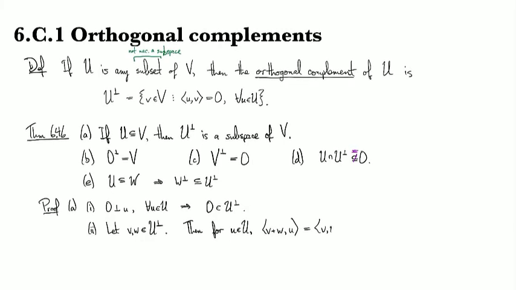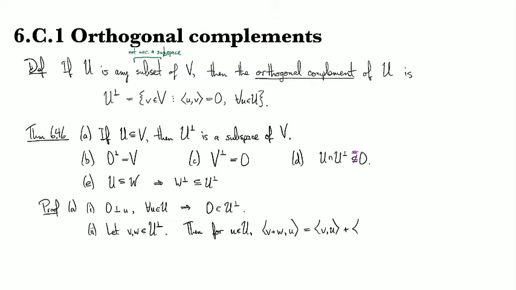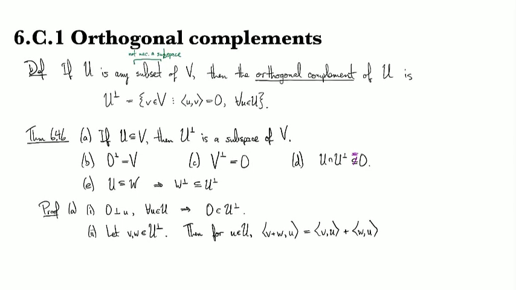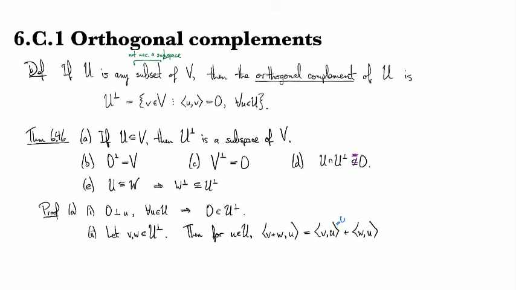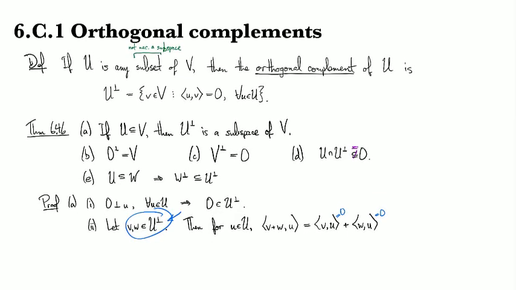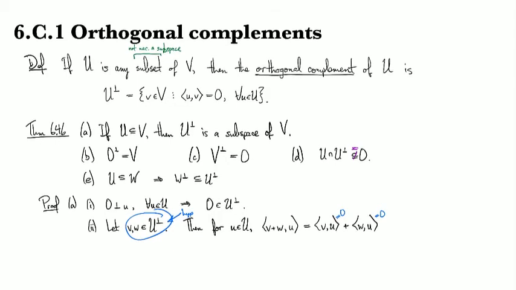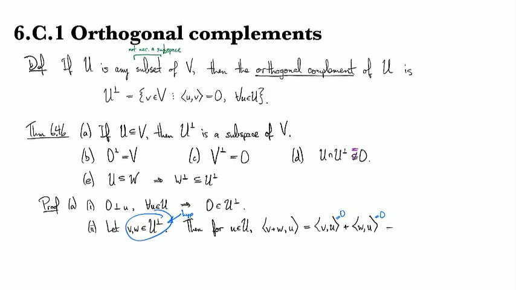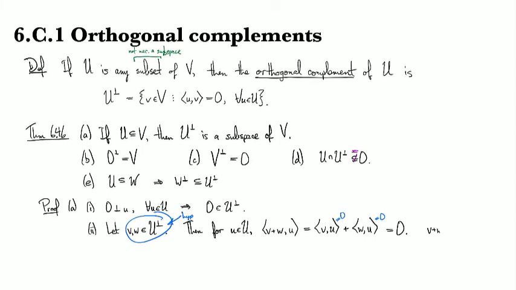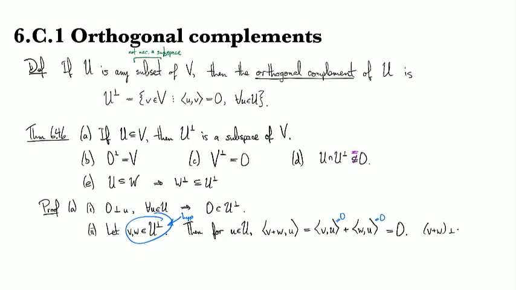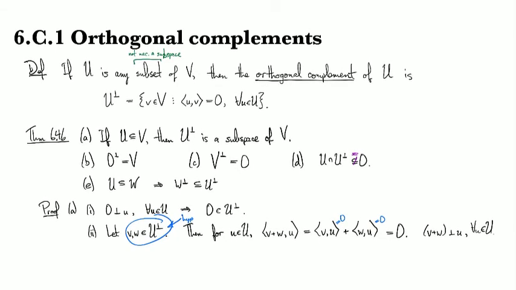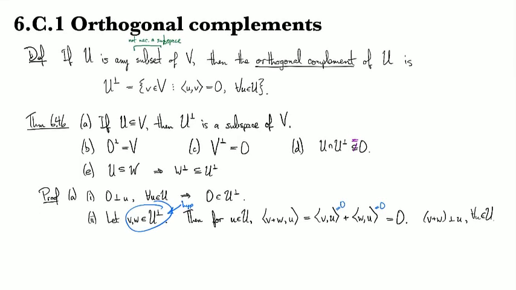So when we do that, we get V against U and W against U. And then our hypothesis was that this is equal to 0 and this is equal to 0. So this whole thing is equal to 0. Okay, and so then that gives us that V plus W is orthogonal to U for everything in U, and so it's going to be in the orthogonal complement.